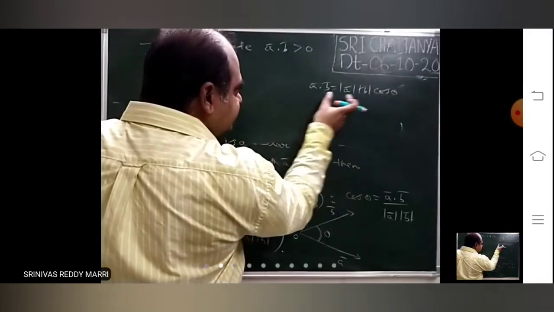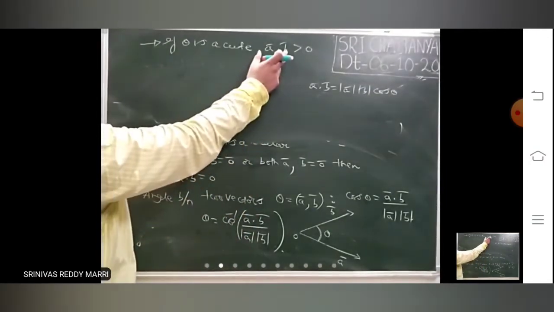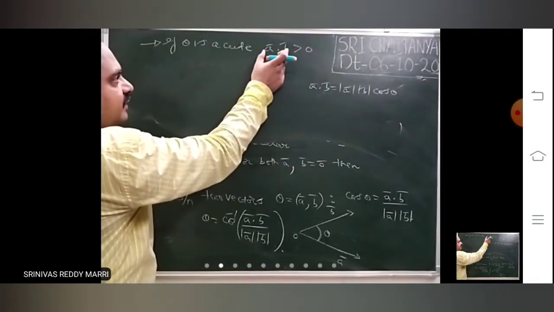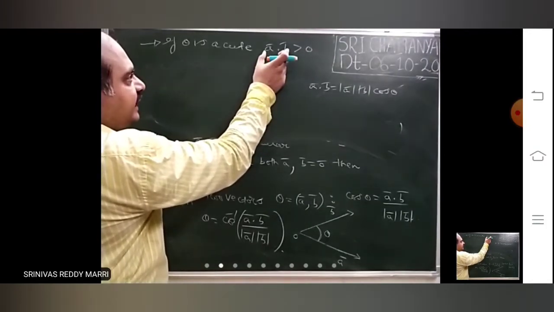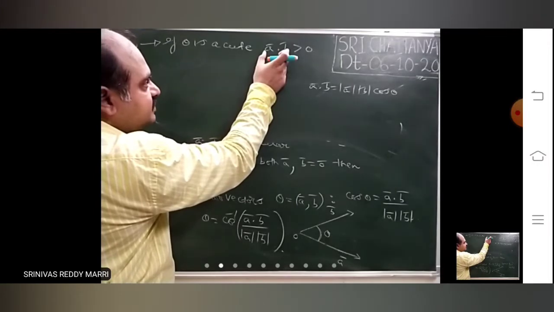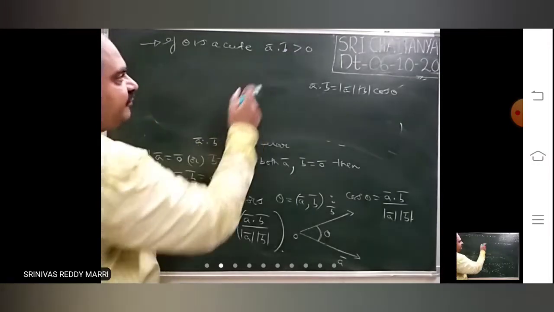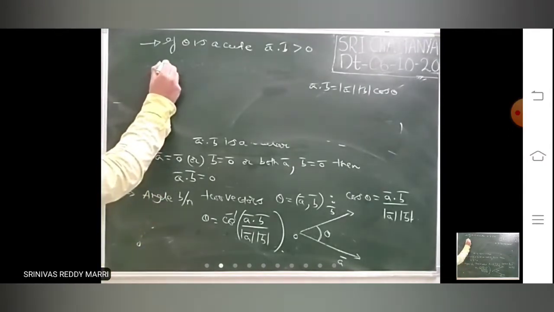Then A dot B will be positive. If the dot product is positive, then the angle between A bar and B bar will be acute. If you want to check whether the angle between two vectors is acute or obtuse, find the dot product. If it is positive, the angle will be acute.